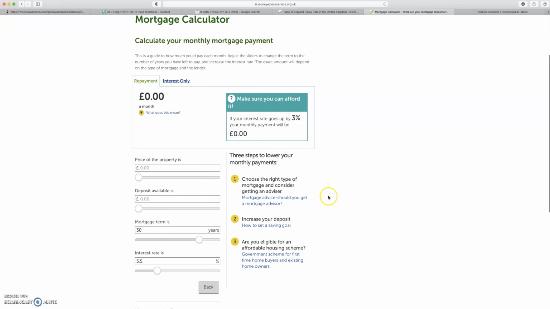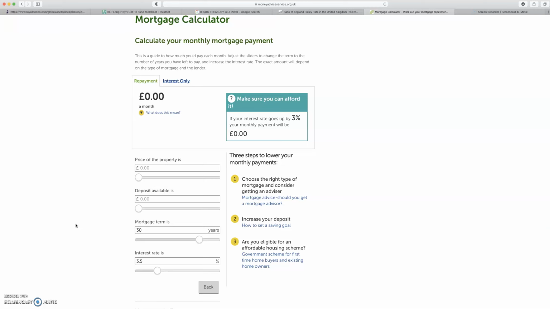Now, if you were to get a mortgage at the moment, say over the course of 30 years, you would generally have to pay approximately 3.5%, just using this as a hypothetical example, but it is likely going to be in and around a figure like that for the initial period.